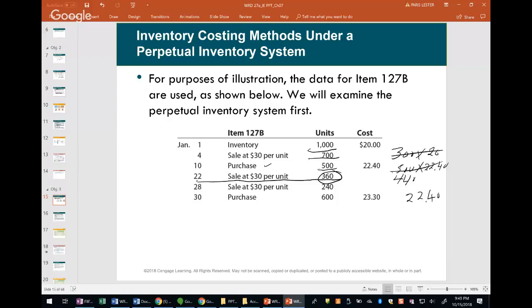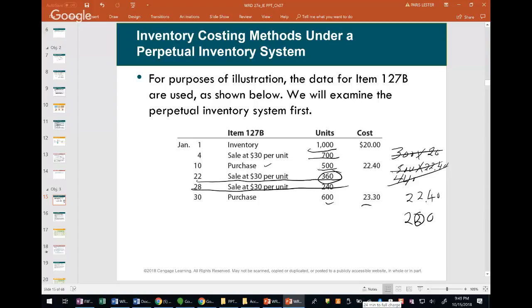All right. Now we're going to sell 240 more. Where do they come from? Out of these 440, right? That leaves us 200 at $22.40. And then we bought some more at $23.30. So that's what you've got to keep up with, perpetual FIFO. And an inventory of what?